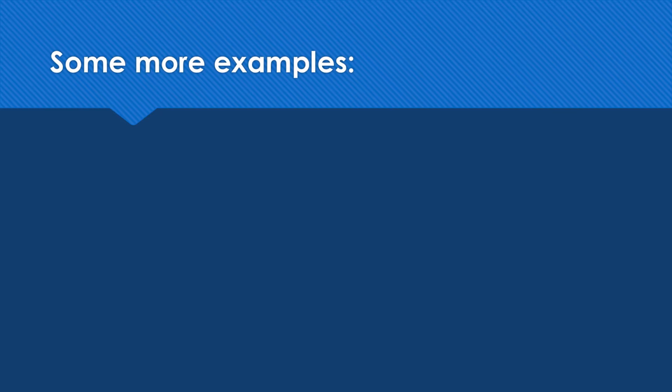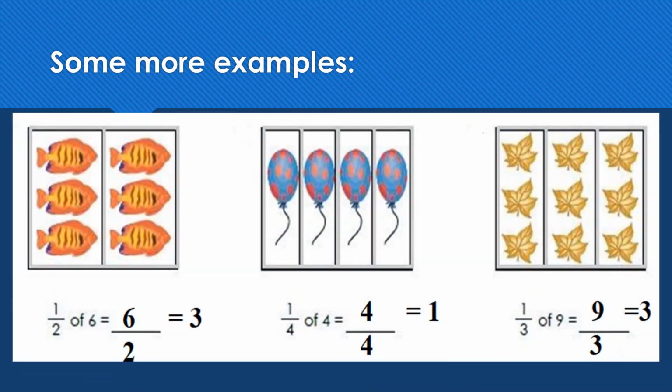Now let's see a few more examples. Here is a collection of 6 fish. So we have a total of 6 fish that has been divided into 2 equal parts. So what is half of 6? We find this out by simply dividing 6 by 2, which is equal to 3.